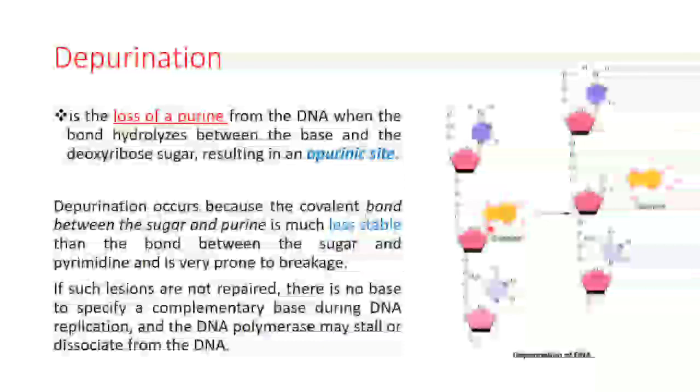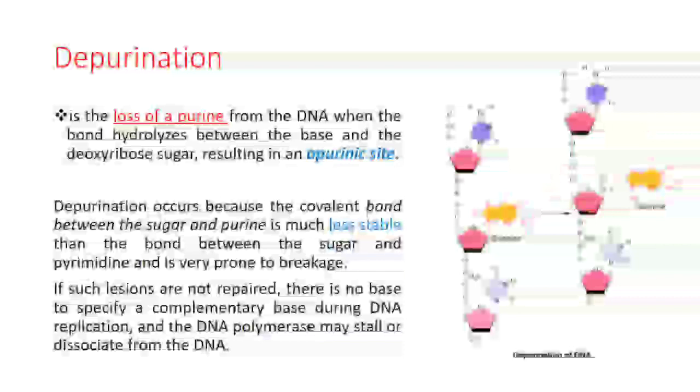So when you cleave this bond between the guanine, a purine, and the sugar deoxyribose, this will create an apurinic site, meaning the loss of the purine, no more base at the level of this nucleotide. So in this nucleotide, you will find only the phosphate linked to the sugar, but with no base.